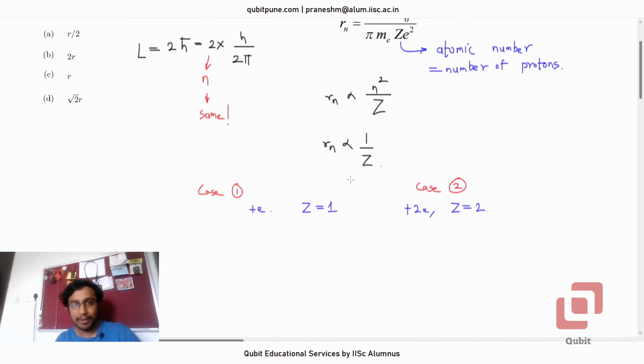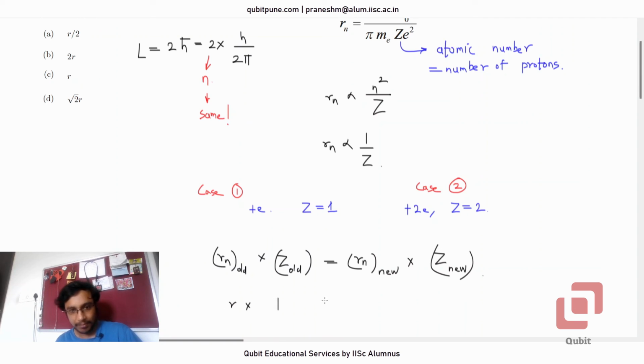Now that should be it. We have the formula: Rn is inversely proportional to Z. So Rn old into Z old equals Rn new into Z new. Rn old is R, Z old is 1, Rn new is what we want to determine, and Z is equal to 2.